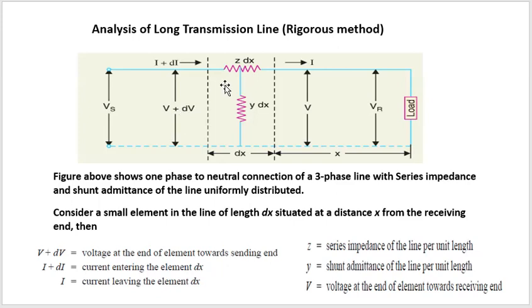From the figure you can see that the current I plus dI is divided at this node, and after this node the current which is going towards the receiving end is I. It means that this dI current has been diverted into the shunt branch. Next you can see that the voltage V plus dV, this dV voltage is dropped in this section.